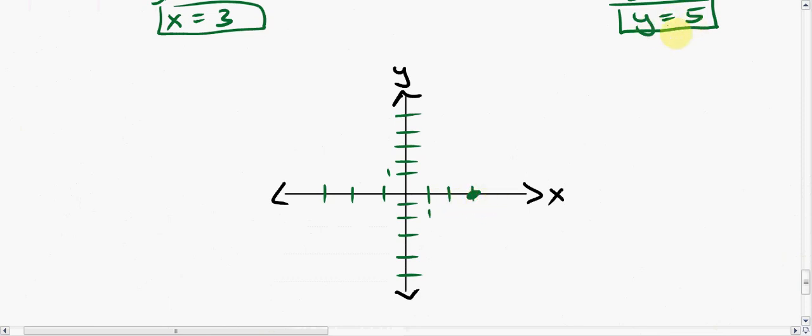And then at y equals 5, so on the y-axis, I'm going to go up 5. So 1, 2, 3, 4, 5. And then take my straight edge and connect the dots. And lastly, I'm just going to make sure I label my points. So my x-intercept is (3, 0). My y-intercept is (0, 5). Okay, that's it.